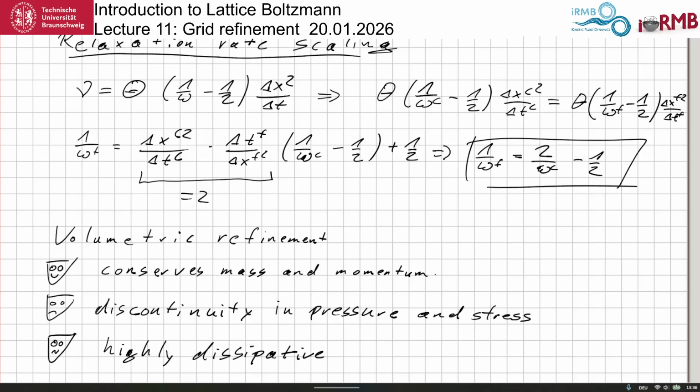And this method, compared to other methods that were invented later, is very stable, because it adds a lot of dissipation. So you're usually on the good side: you're conserving mass and momentum, so it's not going horribly wrong, and it's also stable.